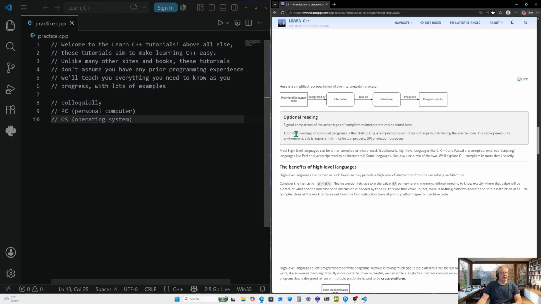Optional reading here, a good comparison of the advantages of compilers versus interpreters can be found here. So it doesn't sound like, and I wouldn't really think so, compilers and interpreters are the same. No, a compiler translates it into whatever your machine understands, which you have to have the proper compiler for, and an interpreter can translate that into something your machine would understand.